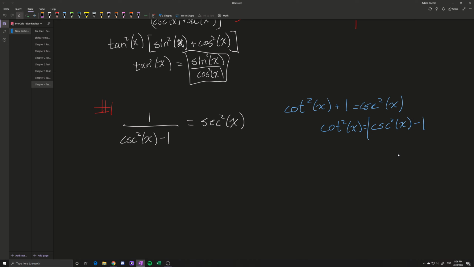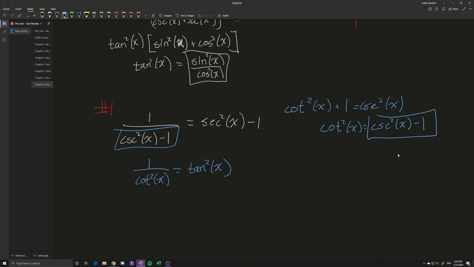All right, so this appears right here. So we can rewrite that as 1 over cotangent squared of x, and there should be a minus 1 on here. So 1 over cotangent squared of x is equal to tangent squared of x.